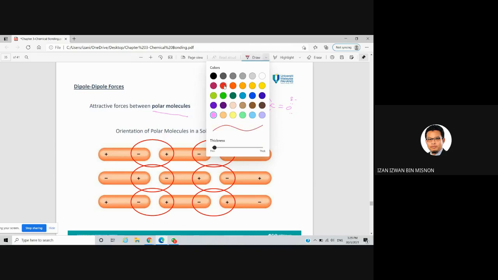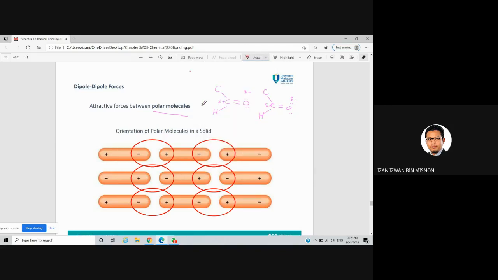For dipole-dipole, it will attract to the opposite charge. The oxygen here is delta negative, so it will attract to the element or compound having the delta positive charge, so that it will have a balance or near to neutral charge.